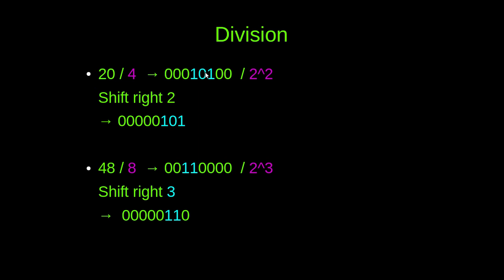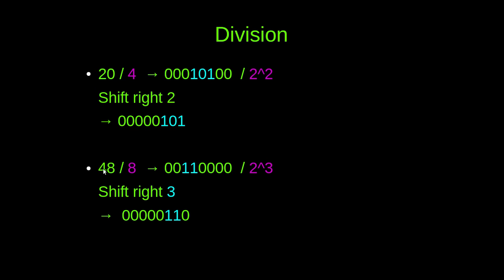So this is 20 in binary, and I have 2 to the power 2, and I have a division, so I shift right 2 places. So I'm going to move all this here, so I'll have what? 1 and 4, which is 5, and 20 divided by 4 is 5.